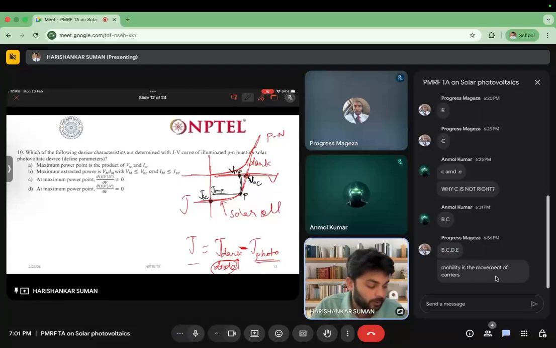This is the P max point, the maximum power point. So the maximum power point is not the product of VOC and JSC. This is not correct.